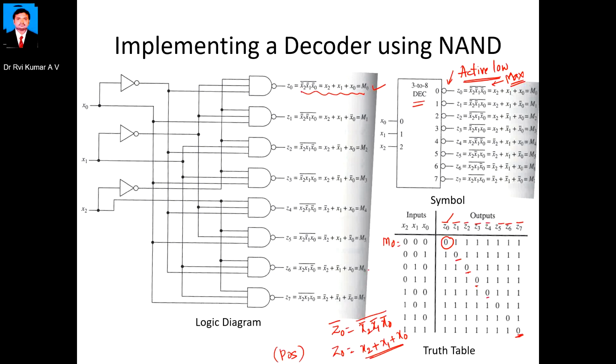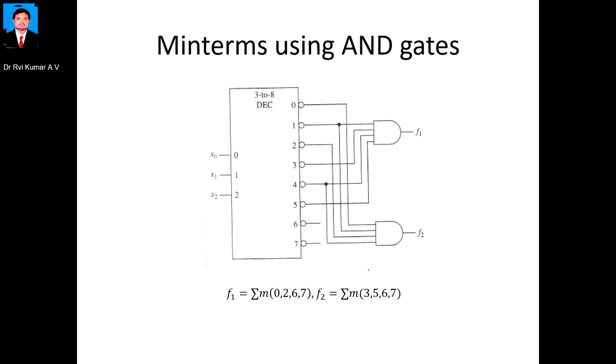Now we will take some equations to implement. Here I am getting max-terms, and a max-term in the sense is a sum term. Here I am using the product term, and product, in the sense, I can use the word dot.